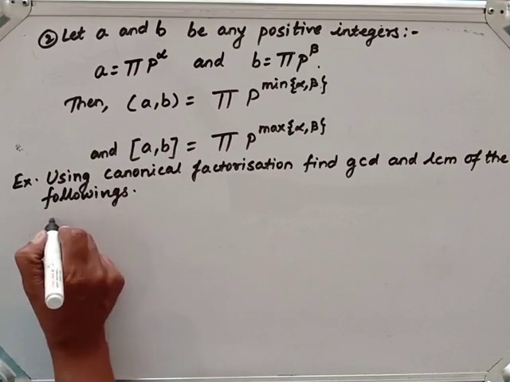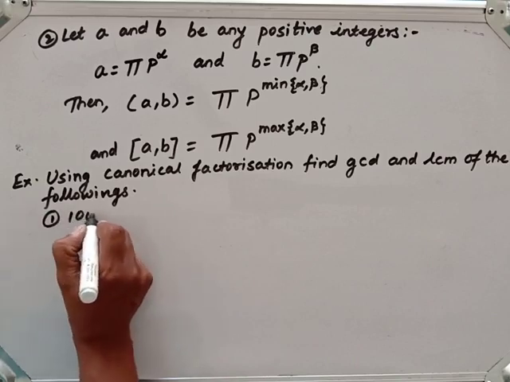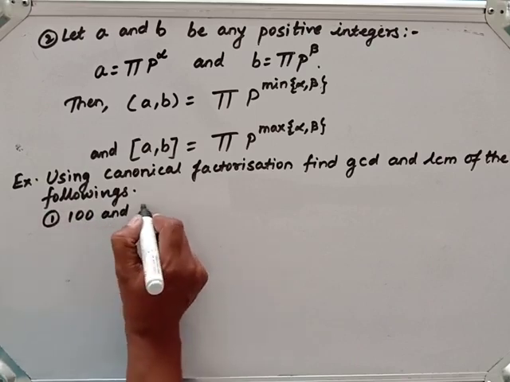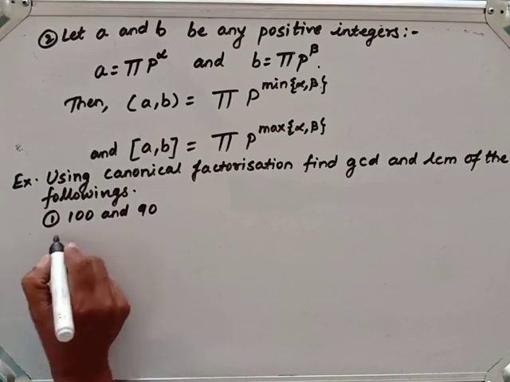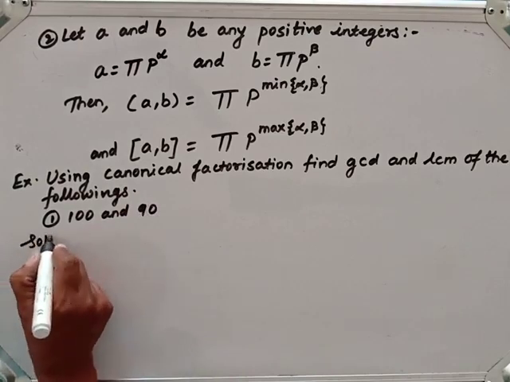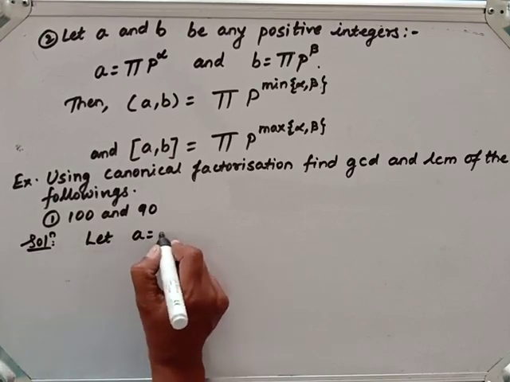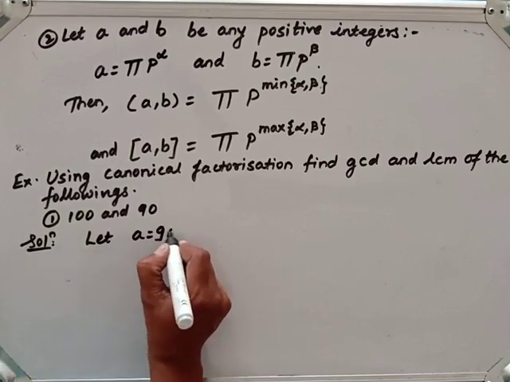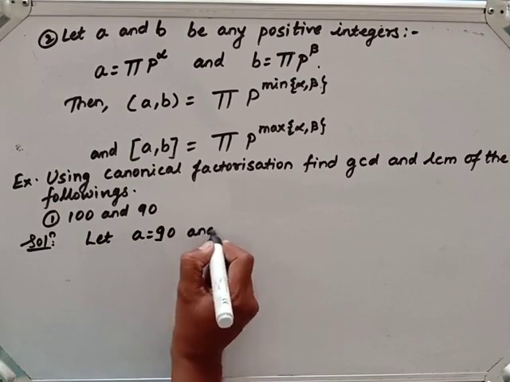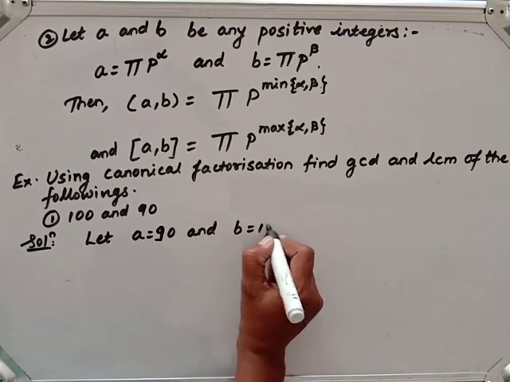Now suppose the first one is 90. Now the solution of this one: let A is equal to 90 and B is equal to, suppose, 100.